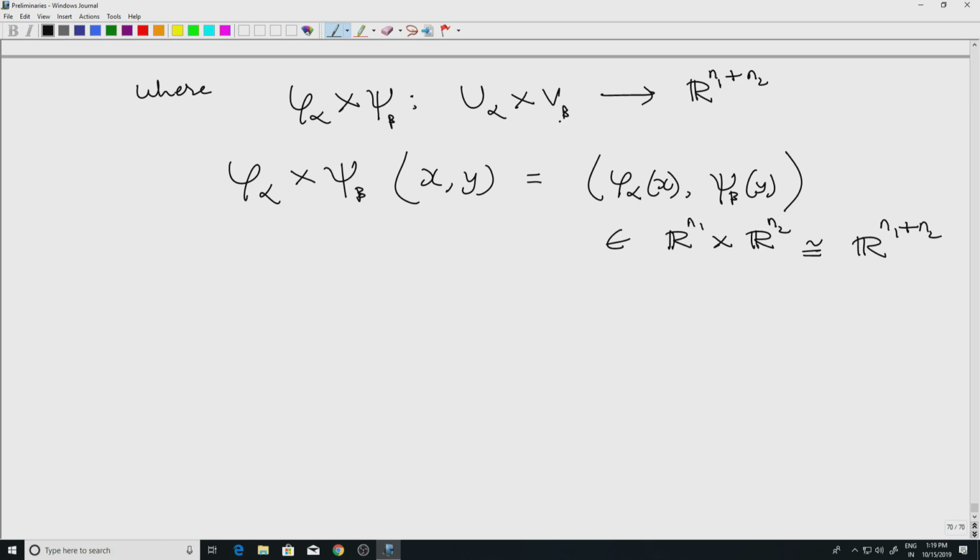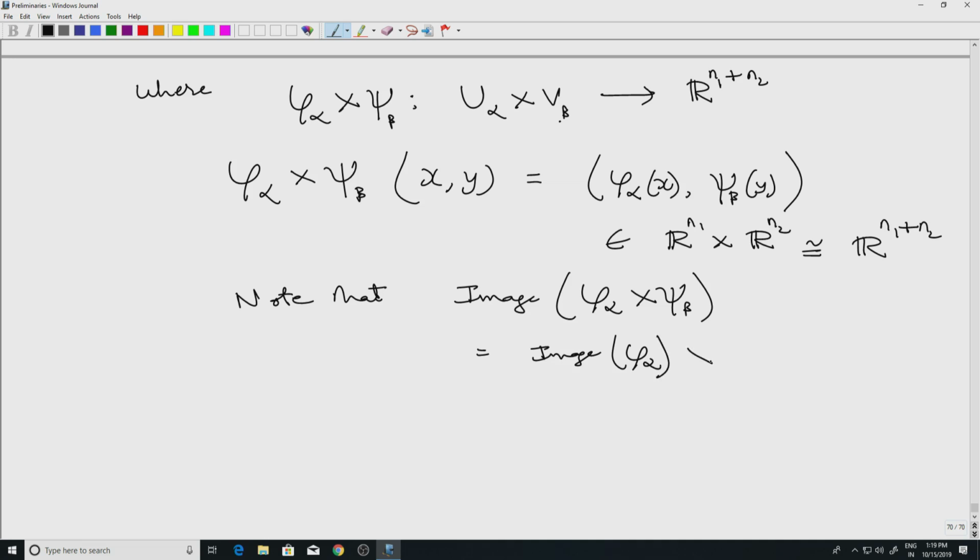Note that with this definition, the image of this map phi alpha cross psi beta is just the image of phi alpha, with the Cartesian product of this with the image of psi beta. It's quite clear that this is the case just by the way the map has been defined.